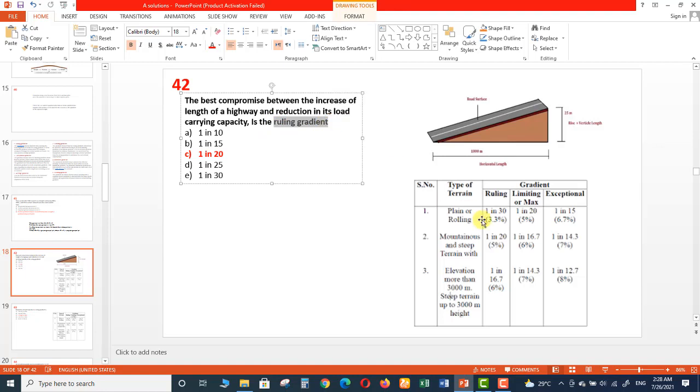In rolling gradient, we have three different gradients, and the option which best suits is 1 in 20. So this is the best compromise between the increase of length of a highway and reduction in its load carrying capacity. The rolling gradient is 1 in 20.